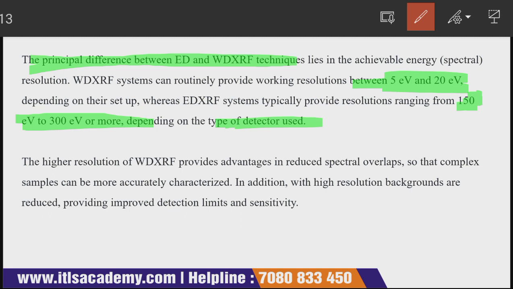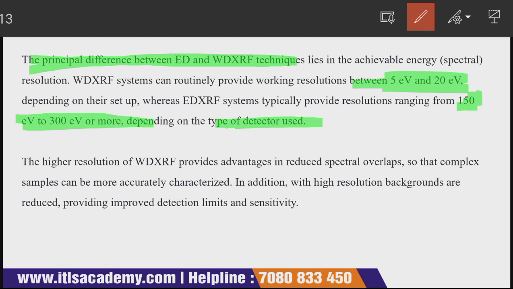So the higher resolution of wavelength dispersion X-ray fluorescence spectroscopy provides advantages in reduced spectral overlap, so that complex samples can be accurately characterized.